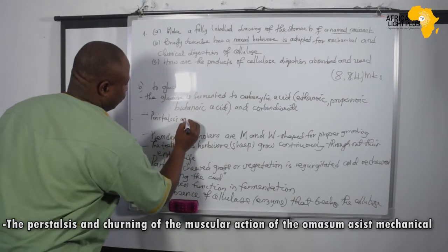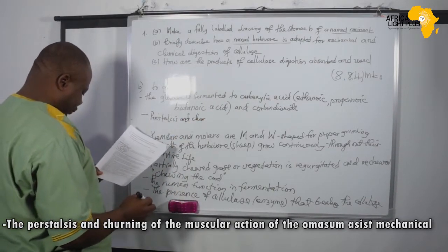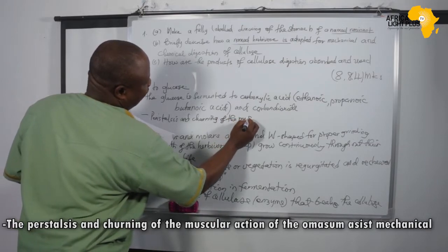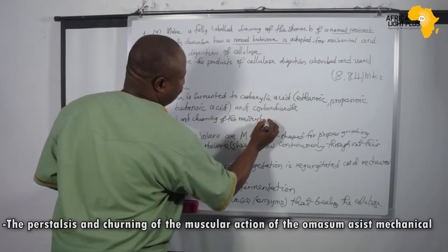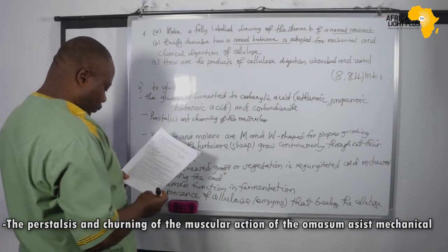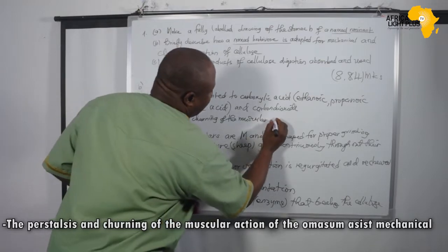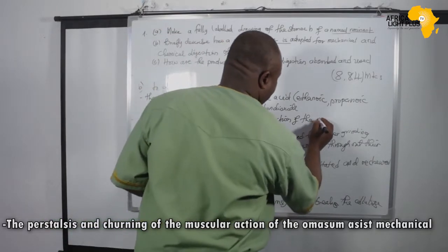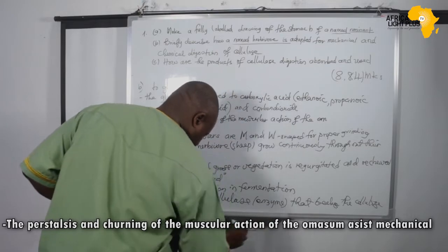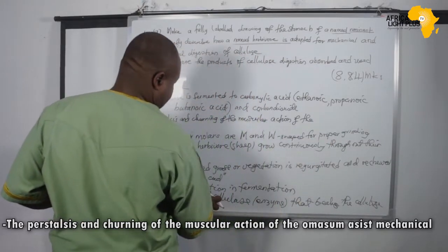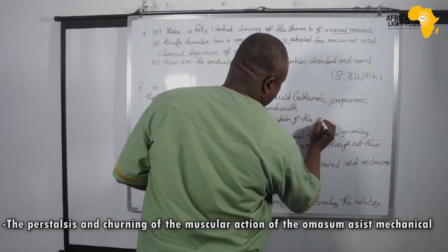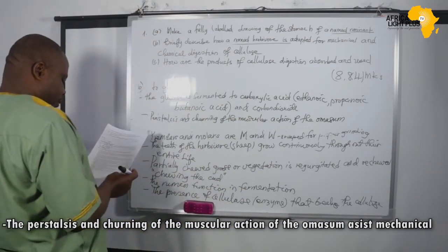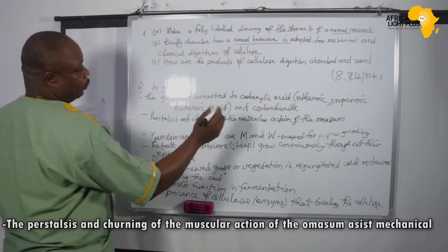Peristalsis and churning muscular action of the muscle assists mechanical digestion of cellulose.